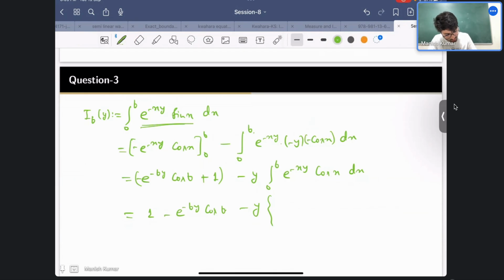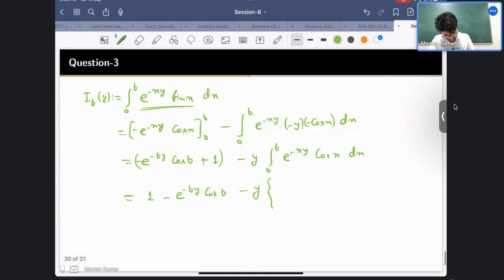Yes, this will be minus, it's fine. Now let's do integration by parts once again. What you have is e^(-xy), and the integration of cos x would be sin x, with the limit 0 to b, and then you put minus sign, you will have the integral from 0 to b of e^(-xy), and then you have minus y, and the integration of cos would be sine.